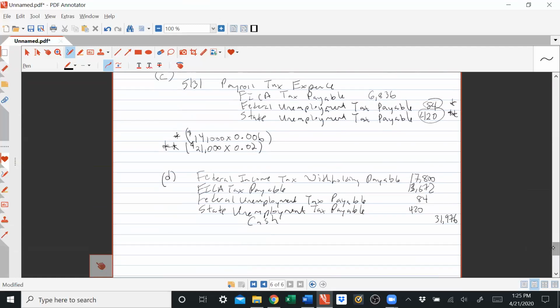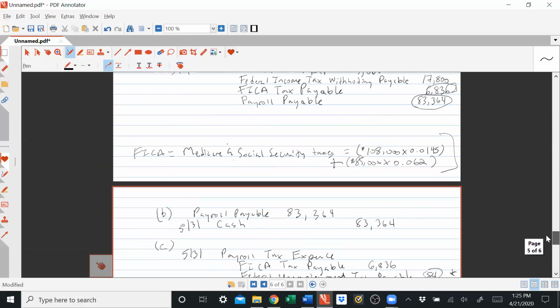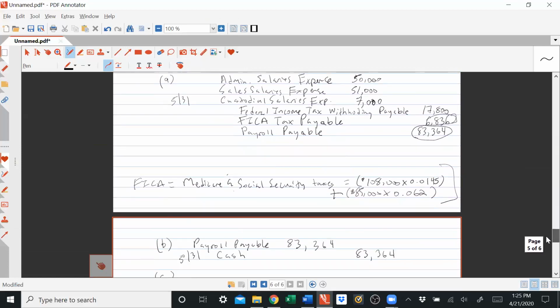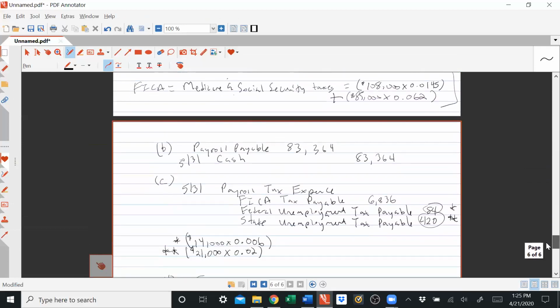Did you have any questions in regards to this particular problem? Anybody who's left? There's 10 people left. Any questions? It seems a little tricky, but once you get this idea, all right, the employer has to withhold some stuff from the employee, give it to the government. Other stuff they have to pay themselves to the government. And you keep these two things straight in your head.